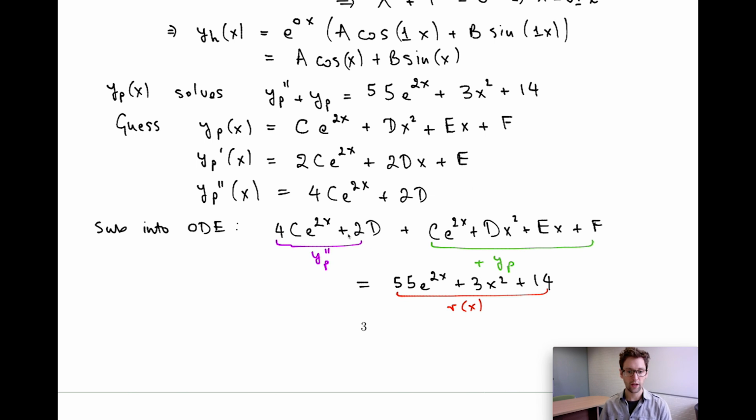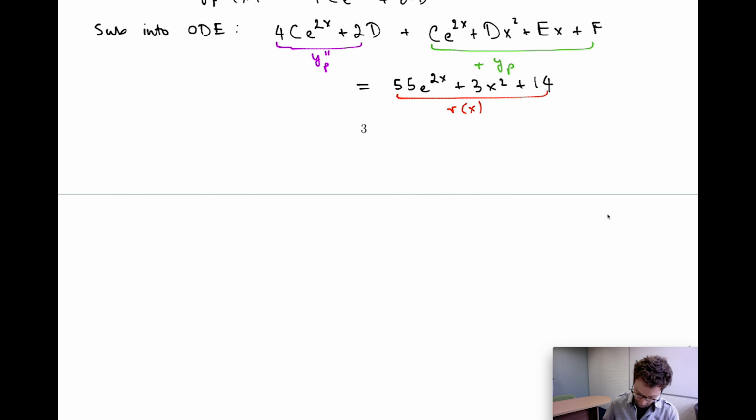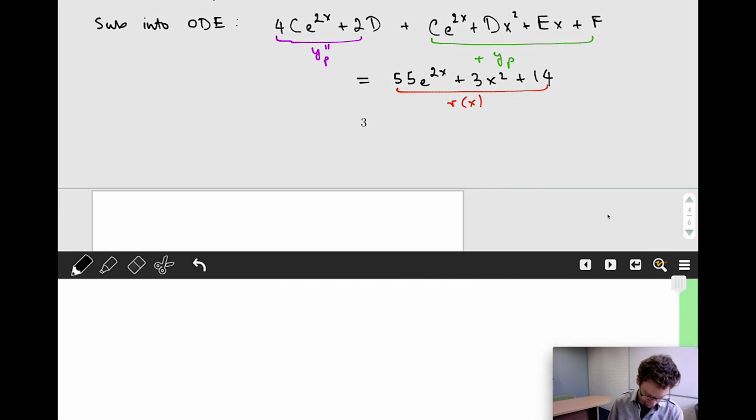So this expression here, when I gather together all the like terms, is actually going to give me 4 equations for 4 unknowns. I'm always going to get the same number of equations as unknowns when I use this method, because there's always going to be a term involving e to the 2x, a term involving x squared, x, and a constant. There's always going to be enough equations for each of the coefficients.